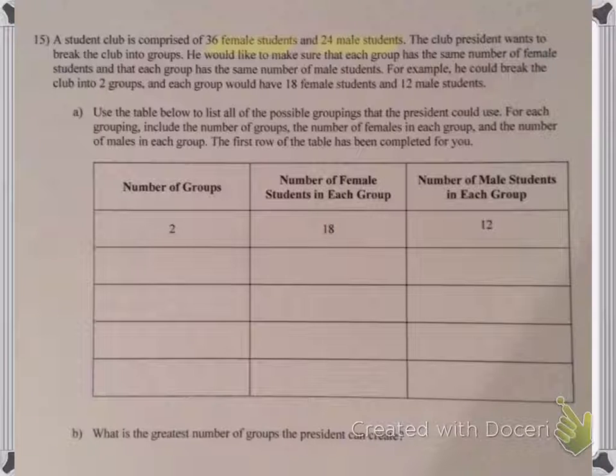First, let's take a look at the first row and make sure we understand where we're getting the number of groups and where we're getting the number of female students and the number of male students. Let's say we wanted to break the club into 2 groups. If we have 36 female students and we break them into 2 groups, each group would have 18 females.